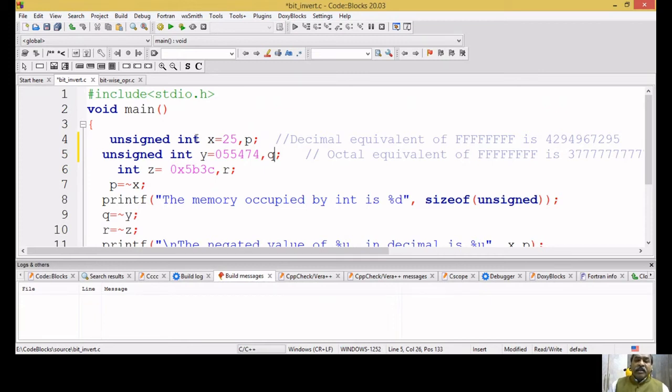By way of just int and assigning them. And when we give value for the octal, we declare in a similar fashion as unsigned int y is equal to, but while giving values, 0 is preceded. If 0 is preceded, it is octal. And how about hexadecimal? It is always preceded by two characters, 0 and x. This indicates to the compiler that what follows is actually a hexadecimal number. So we will see negation in all the number formats, right?